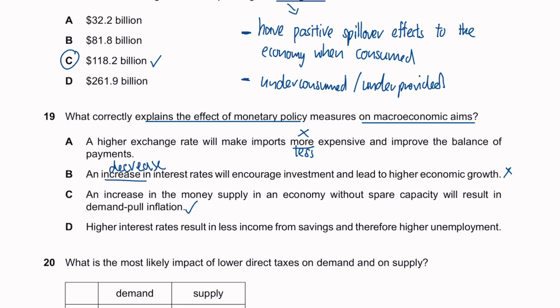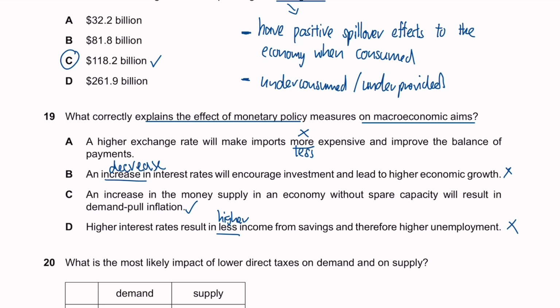D, higher interest rates result in less income from savings and therefore higher unemployment. No, higher interest rates will result in higher income from saving. Okay, so why is C the answer? It's because when the money supply increases, consumers and firms now they have more money to spend and invest. This leads to a rise in total demand in the economy.